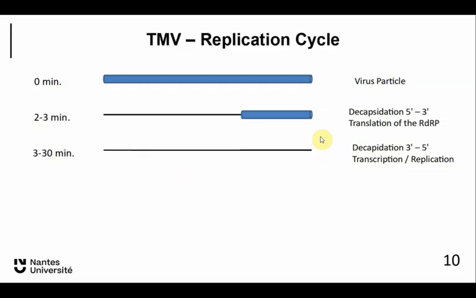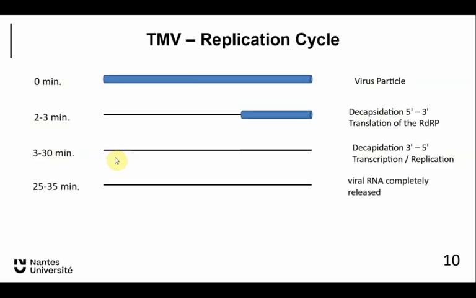And then once that happens, the RNA can be fully copied, and the shorter messenger RNAs coded for the movement protein and the capsid protein can be expressed.